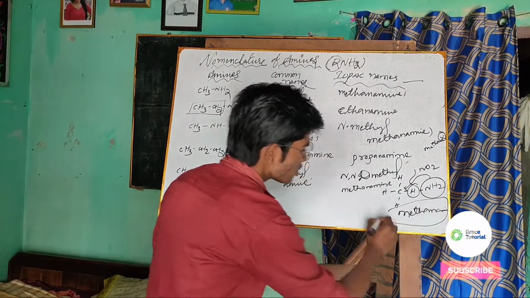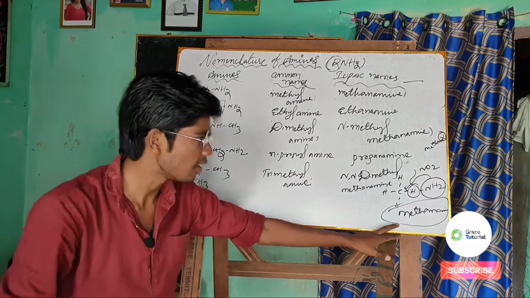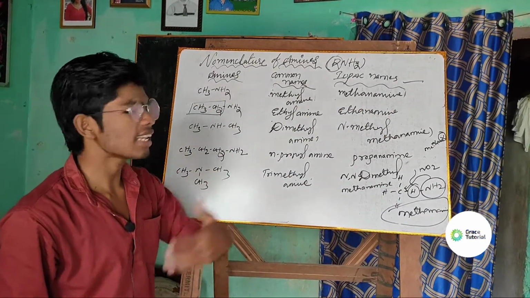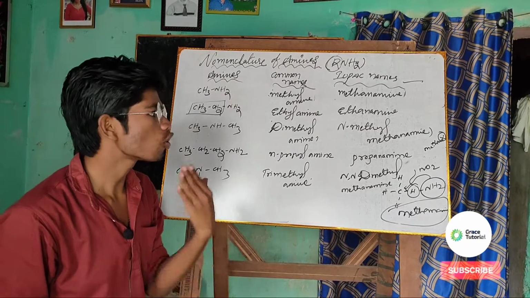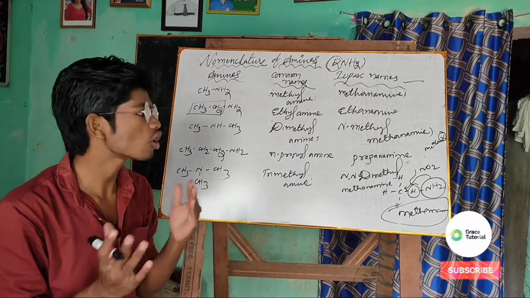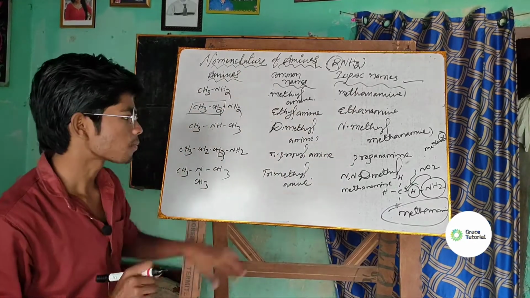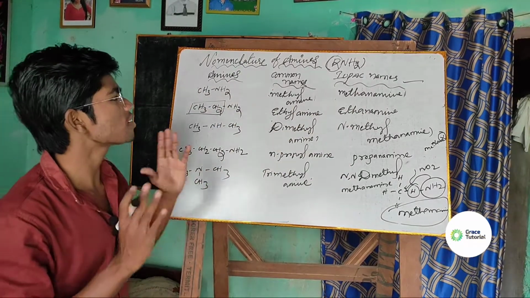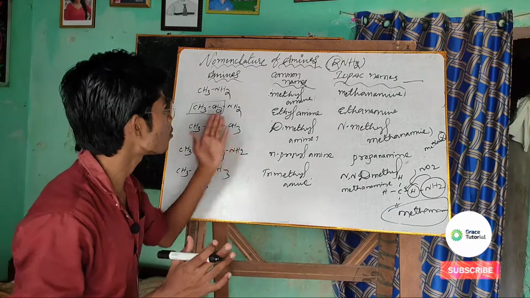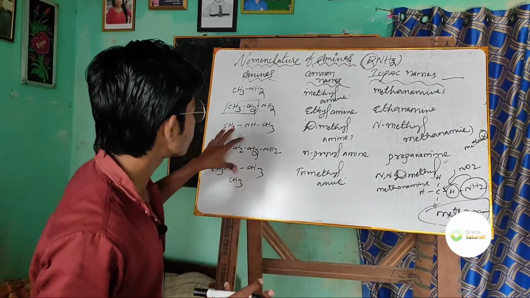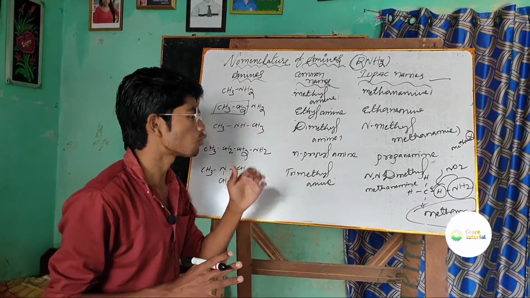So now tell me, what is the name of this compound? Methanamine. This is the IUPAC name. Similarly, you will have to remove the last letter of the alkane, and the names obtained are called the IUPAC names of aliphatic amines. So this is all about the various examples of the common names as well as the IUPAC names of the aliphatic amines, along with the general formula.